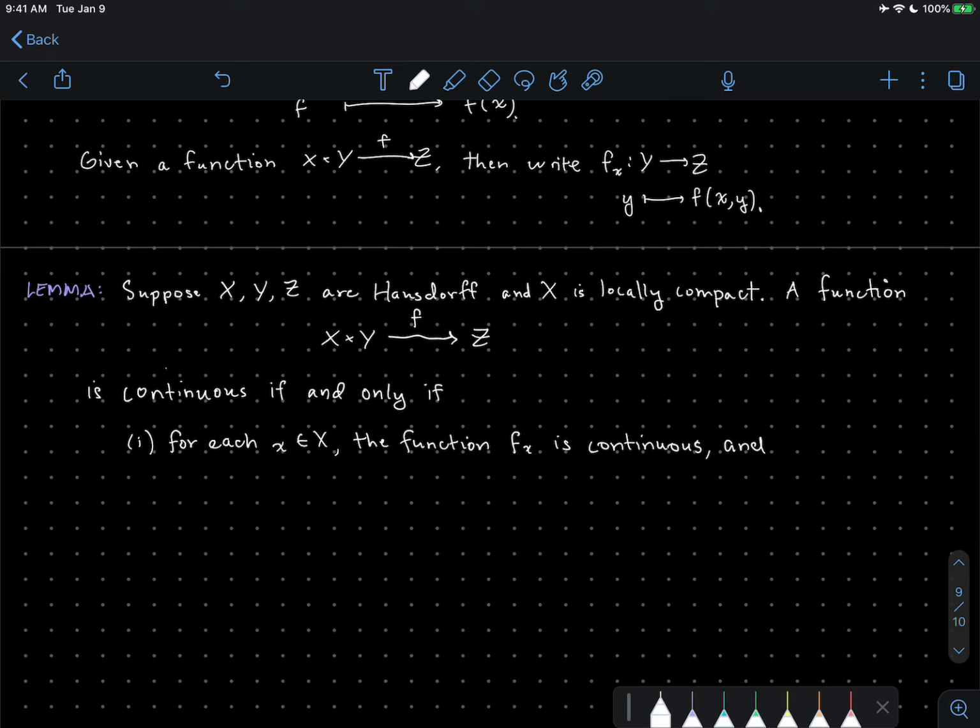And thereafter, number two, the function from X to continuous functions from Y to Z, sending little x to f sub x, is continuous.